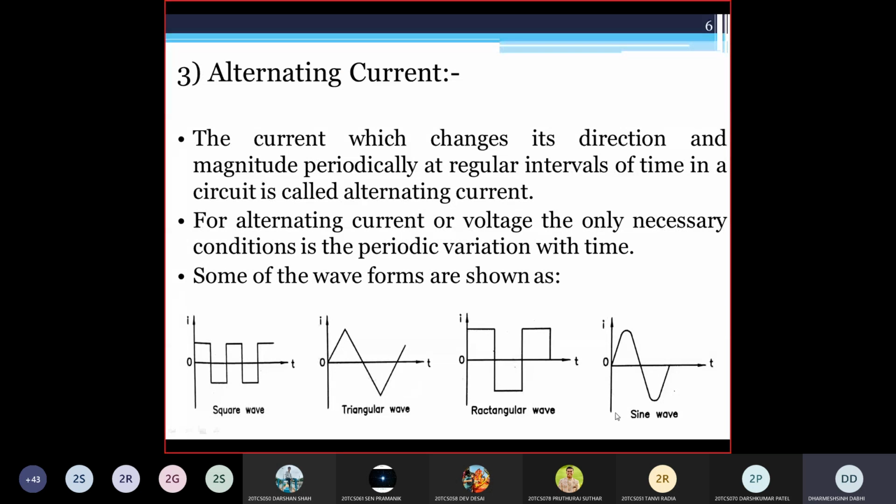When we talk about electrical circuits, we generally say that alternating current is a sine wave. But actually the alternating current may be of different types. It may be a square wave, triangular, rectangular, and sine wave. Clear? So when you write the general definition of the waveform, you cannot say that the waveform is of sine wave only. It may be a waveform of any wave shape, triangular or rectangular or square wave type.